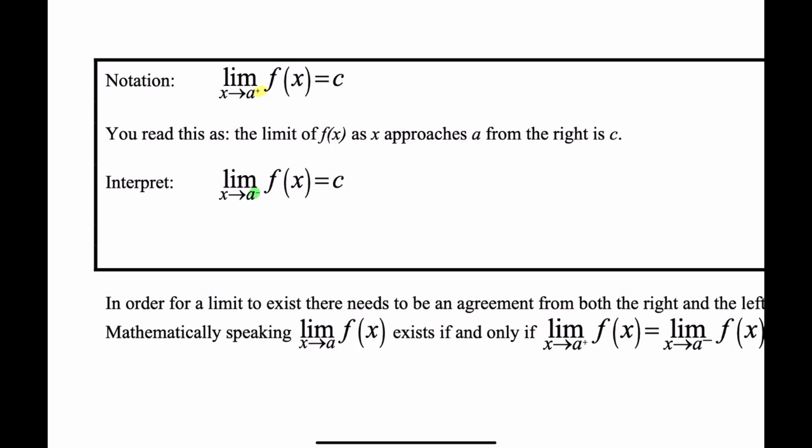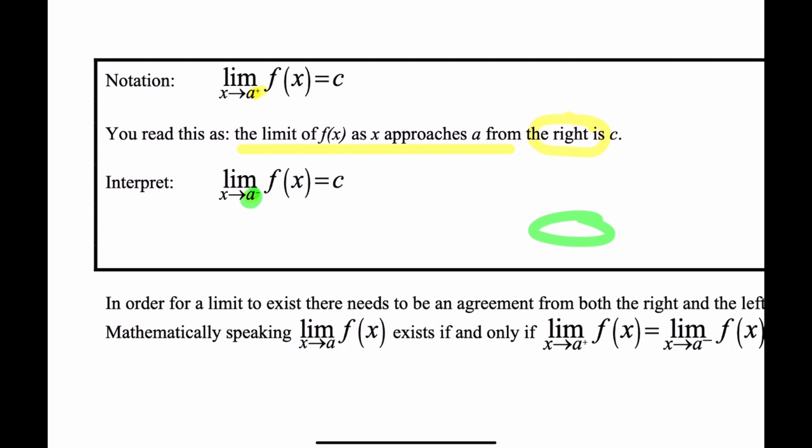We can read a limit that has a positive sign as the limit of f of x as x approaches a from the right. If I have a negative sign, instead of observing it from the right, we're actually going to be observing it from the left.